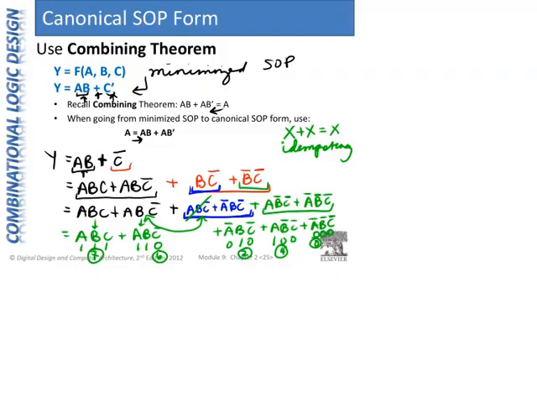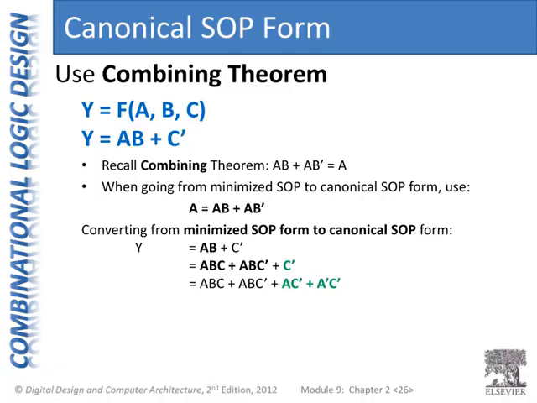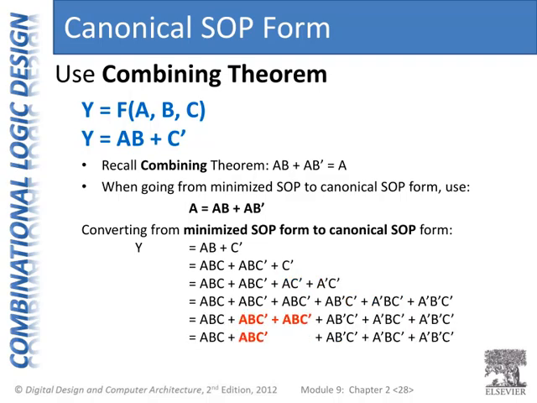So now we can reorder those and say, well, min-term 0 goes first, A bar, B bar, C bar, or min-term 2, A bar, B, C bar, or min-term 4, A, B bar, C bar, or min-term 6, A, B, C bar, or min-term 7, A and B and C. And here it is written out, similar progression of steps using reverse combining, expanding the terms using combining, and then getting rid of the duplicate term here, and writing it in min-term order.